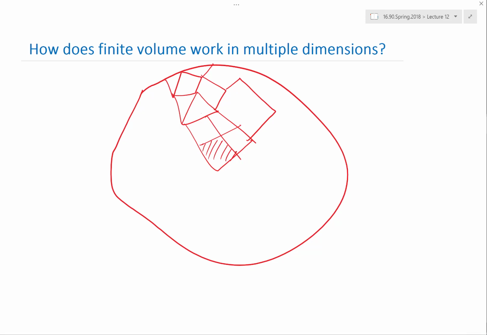In the code, you simply loop over all the neighbors of this cell, compute the flux between itself and its neighbor, and just accumulate that flux to the time derivative of this term. Yes?